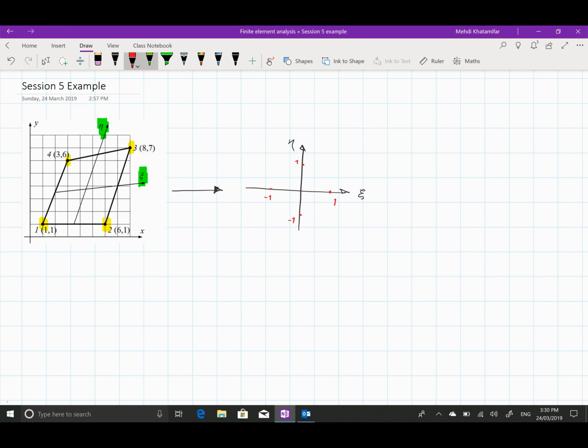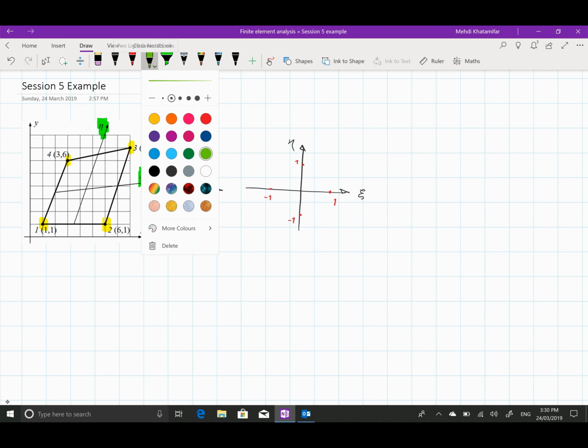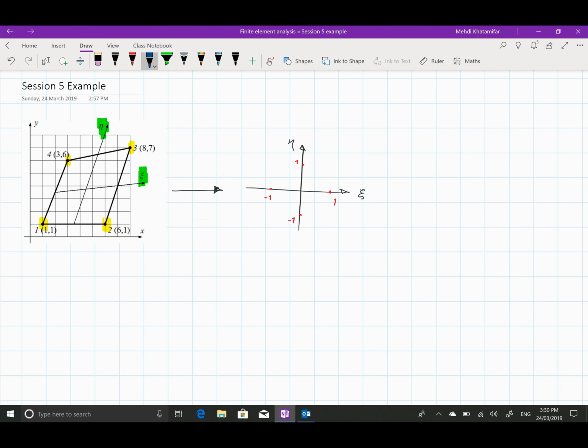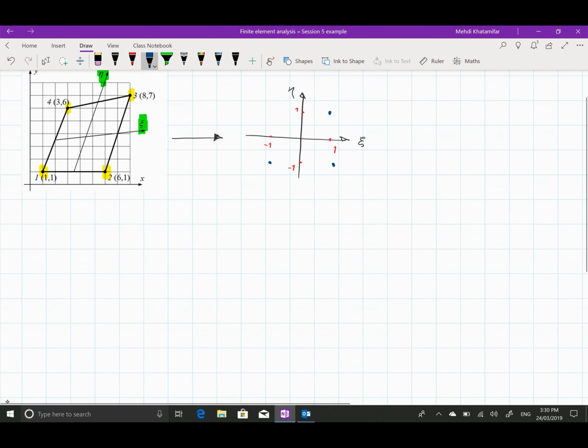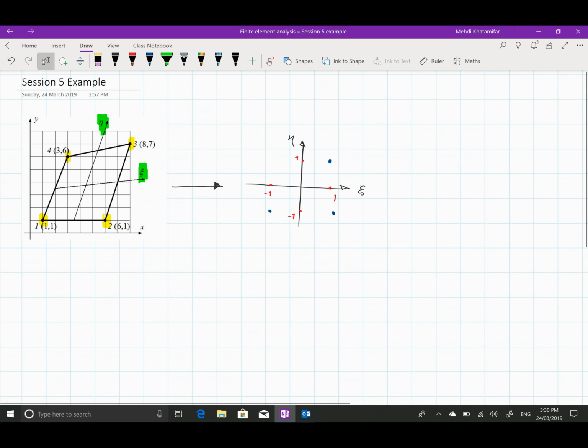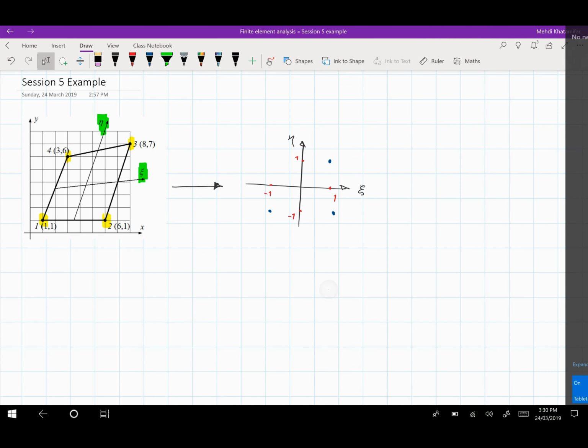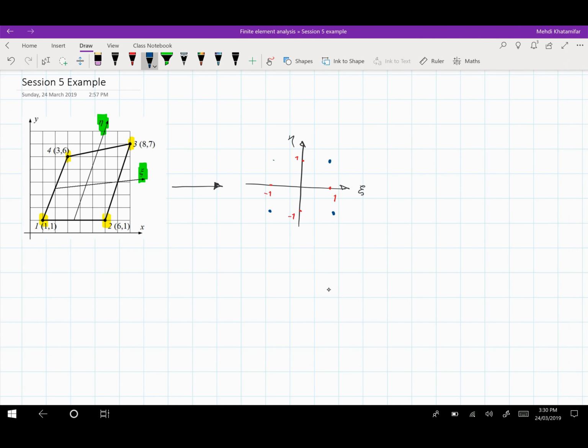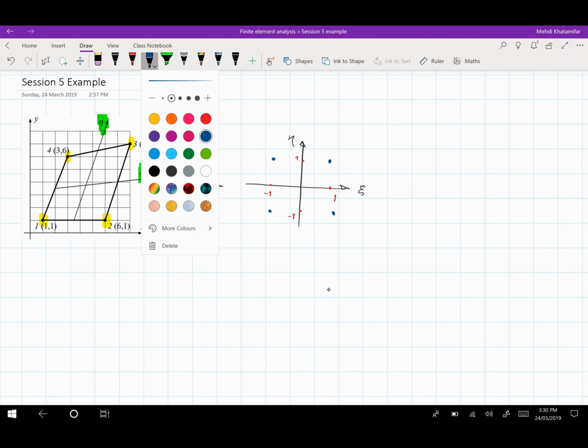Therefore, the element is going to be something like this. -1 and 1 for one of them, -1 and 1, 1 and 1, and -1 and 1. So let's connect those dots to each other.